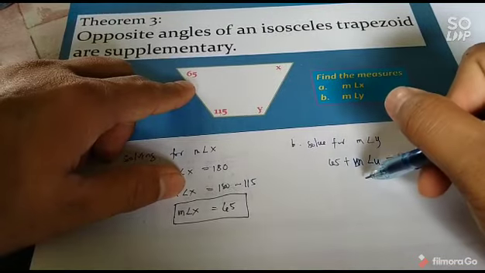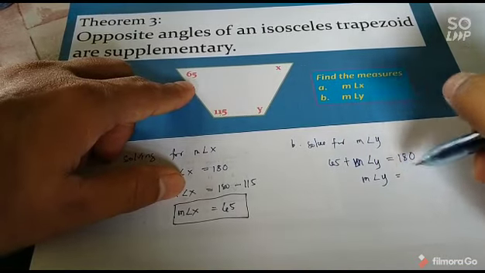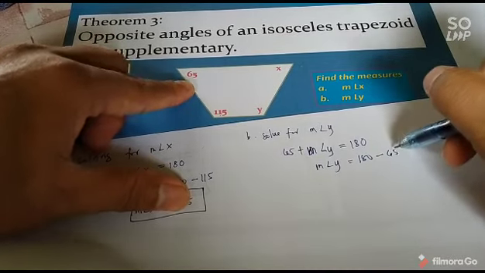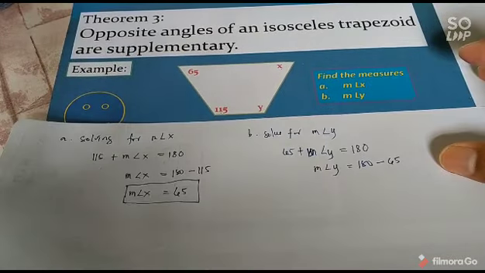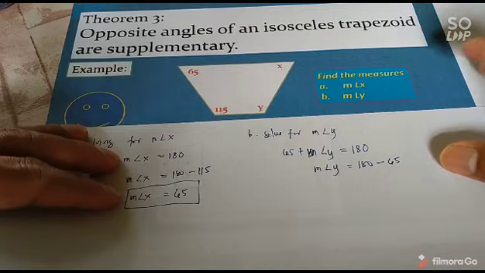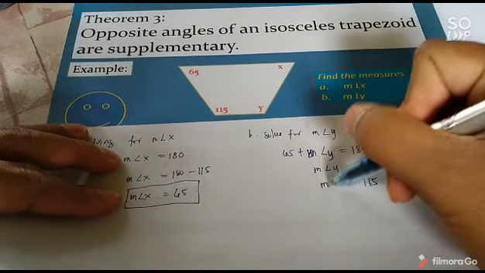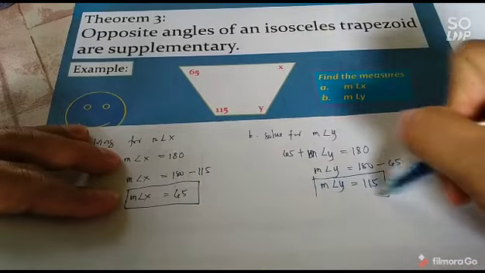So solving for y, measure of angle y is equal to 180 minus 65. So 180 minus 65 will give you 115. That would be the measure of angle y.